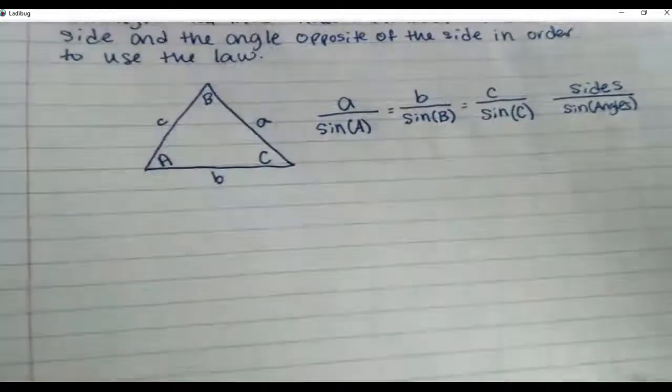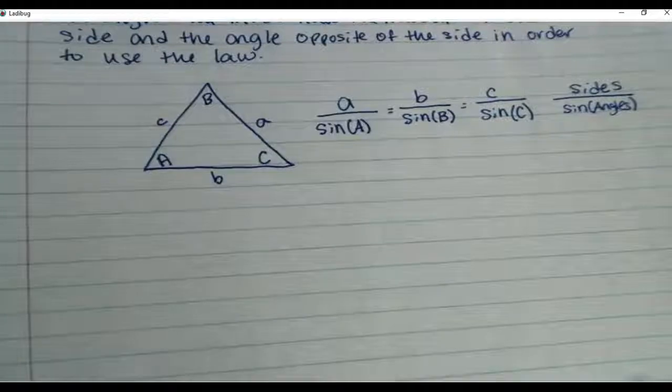Of course, we always use A, B, and C, but it doesn't have to be A, B, and C. It could be X, Y, Z, or whatever, as long as it's capital and lowercase. Okay, let's do one.